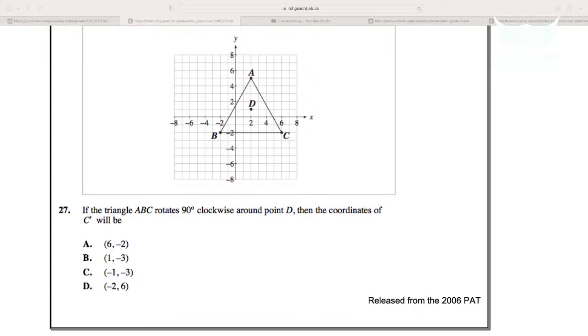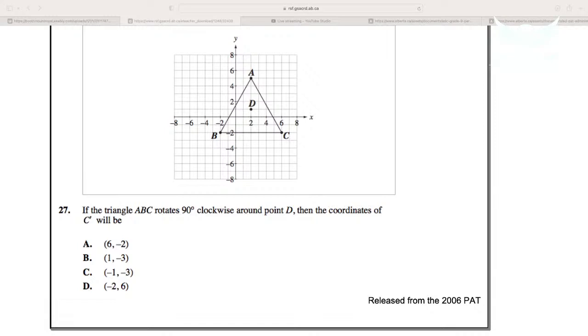So what we're given is triangle ABC on a coordinate plane, right? So the coordinates of each point: A is 2, 6.